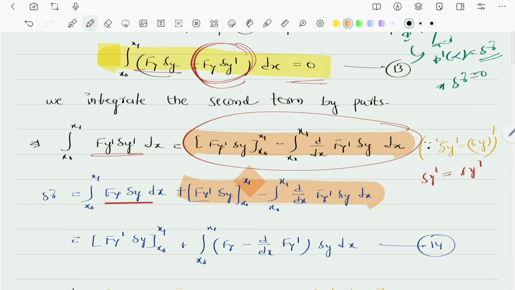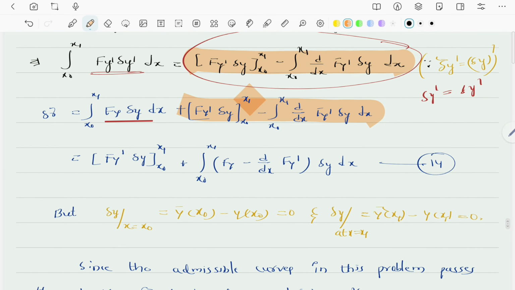Writing these terms separately, fy dash into delta y from x0 to x1 plus, merging the two integral terms, the integral from x0 to x1 minus the integral from x0 to x1 of d by dx of fy dash into delta y into dx.